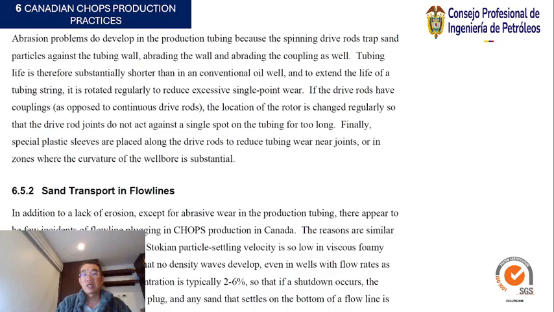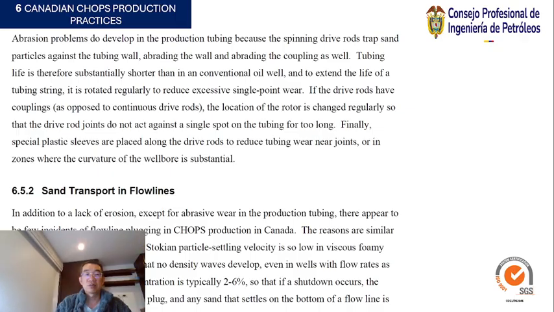If the drive rods have couplings as opposed to continuous drive rods, the location of the rotor is changed regularly so that the drive rod joints do not act against a single spot on the tubing for too long.